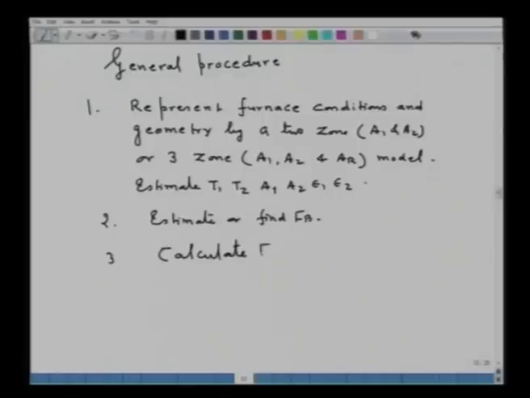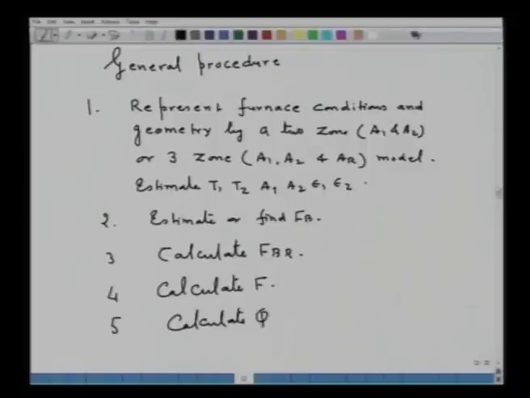Once you calculate FBR, now you can calculate F, and once you know the value of F, then you can calculate Q. This is the way in which you can calculate the heat transfer between the two real surfaces enclosed by the refractory surface. However, I will try to illustrate with a problem to calculate the heat transfer.